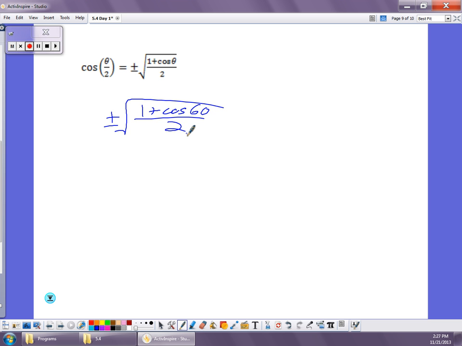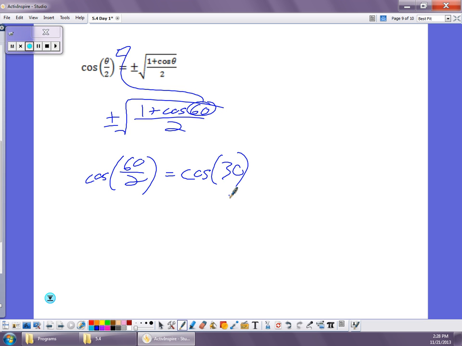So we see this matches up. They are identical, so my theta here, I put here, so I get cosine of 60 over 2, cosine of 30, which equals root 3 over 2, which would be my final answer.